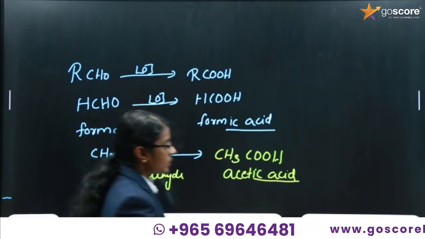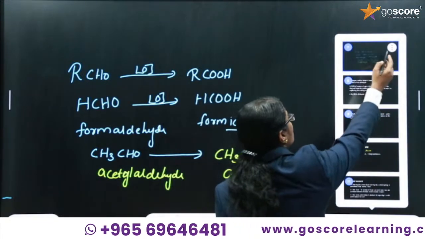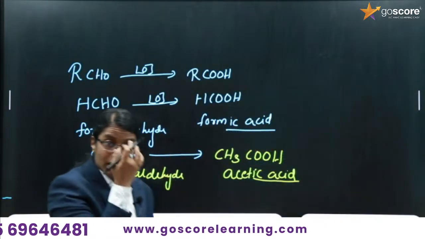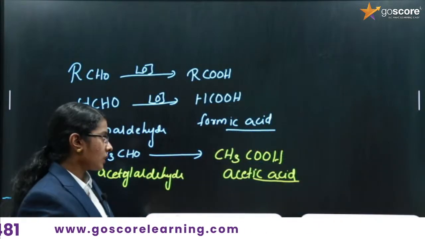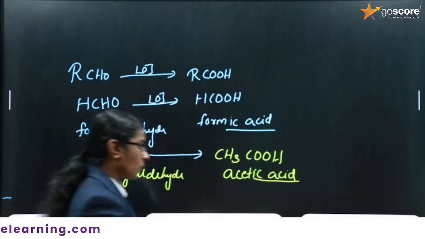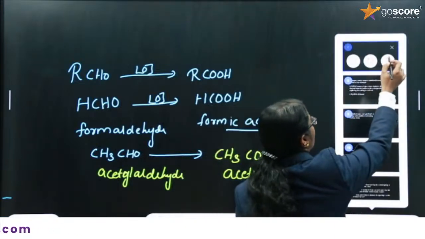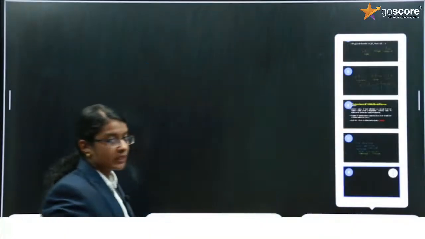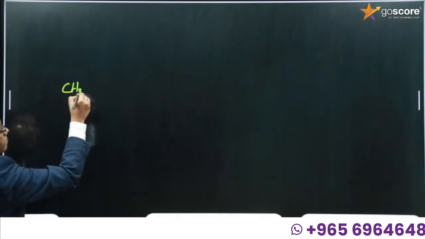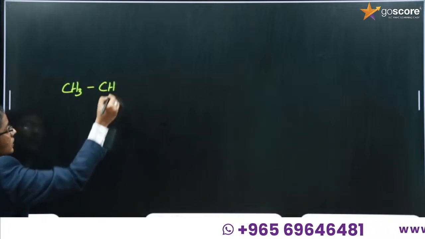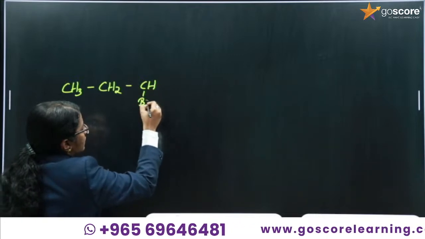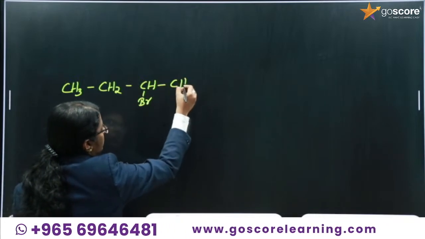Is that clear? If there is any substituent in that carbon chain, the numbering should be given by the Greek letters alpha, beta, gamma, and delta. For example, CH3, CH2, CHBr, CHO.